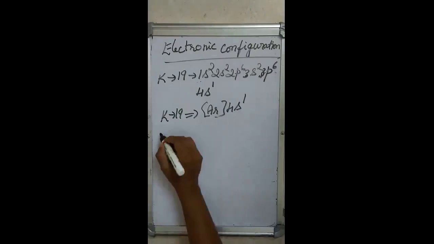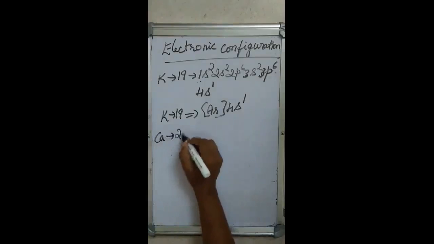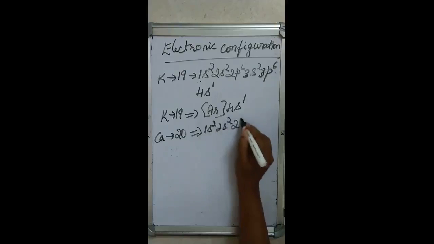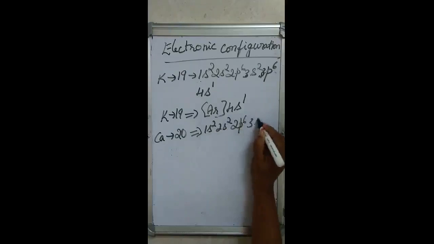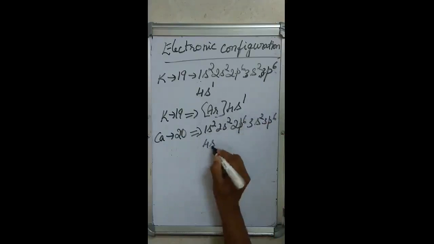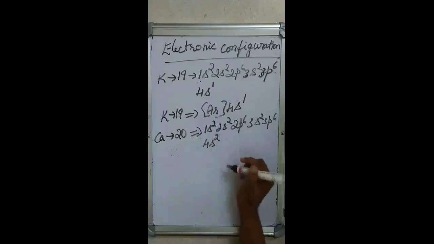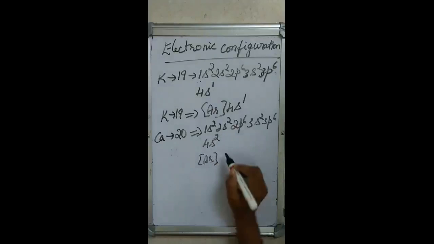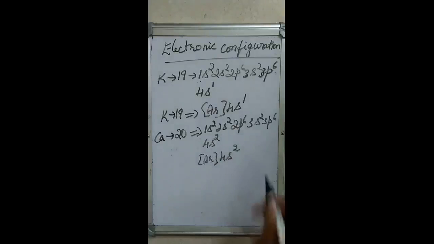Next, calcium 20: 1s2, 2s2, 2p6, 3s2, 3p6, 4s2. How is it also written? Argon 4s2, like this you can also write.